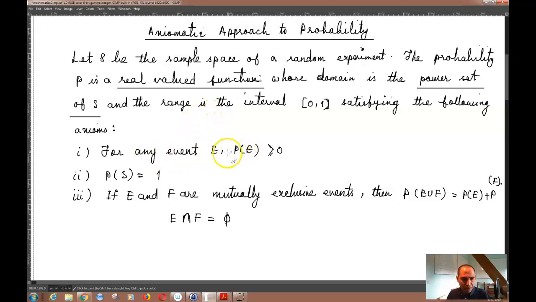So for any event E, P of E is greater than or equal to 0. Of course that makes sense, because definition wise it doesn't make sense to say that the probability of some event is less than 0. That doesn't make any sense unless you define it in some way and give it some meaning.